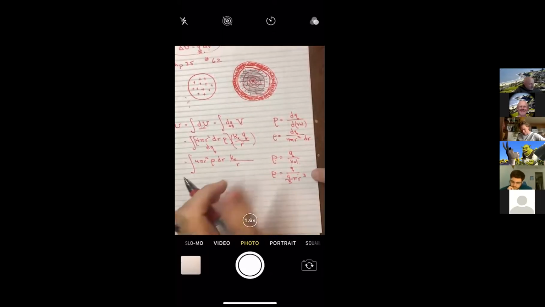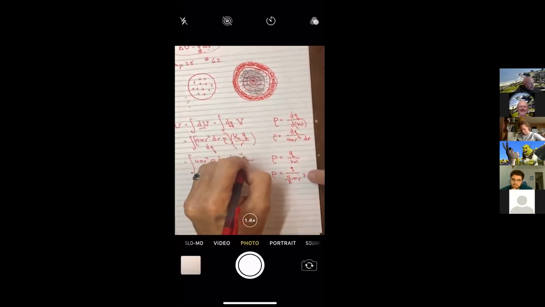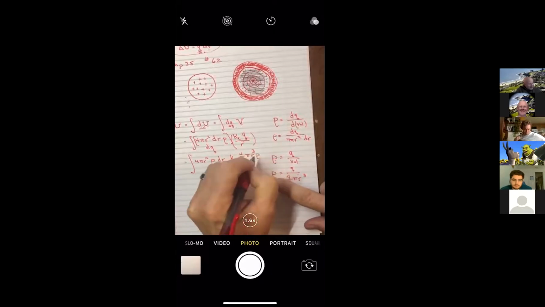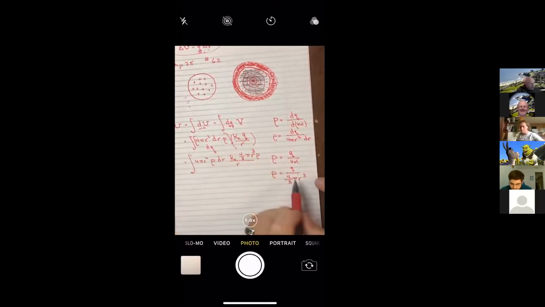So if you move this to the other side, you have the 4/3, the pi, the r cubed, and the rho equaling that Q. Why did they do that integral just to confuse me?